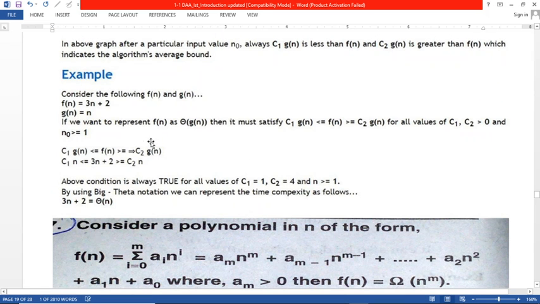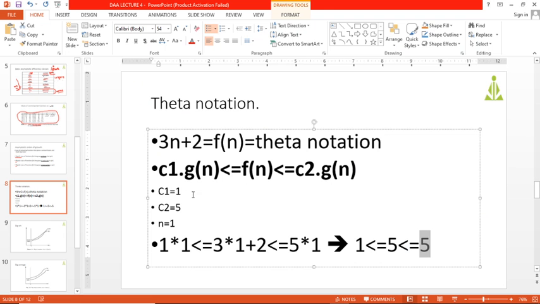Okay, there is some mistake here with the greater than and less than, but no problem. This is the correct one: c1 times g of n less than or equal to f of n, less than or equal to c2 times g of n.